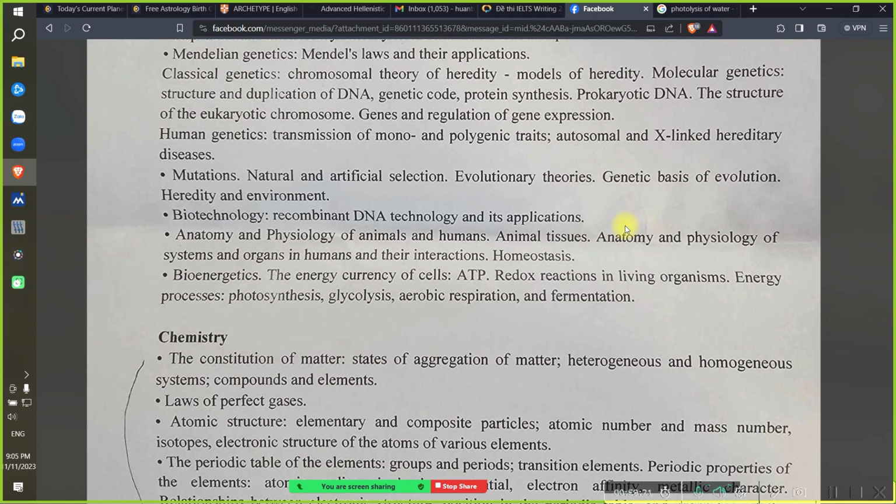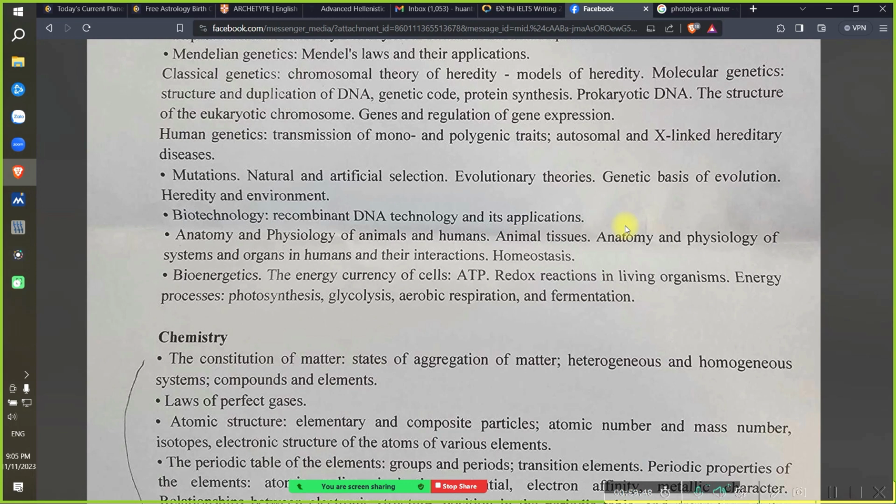So it's the reverse of the light dependent reactions that we have discussed before. So on and on, carbon dioxide receives those electrons and that energy from ATP and NADPH, and it turns into glucose.